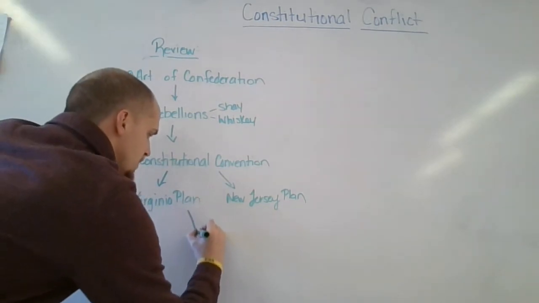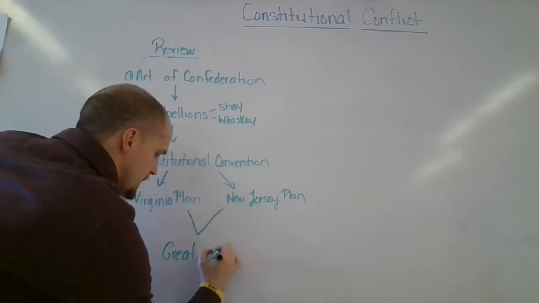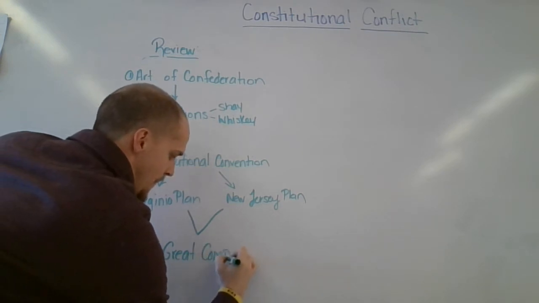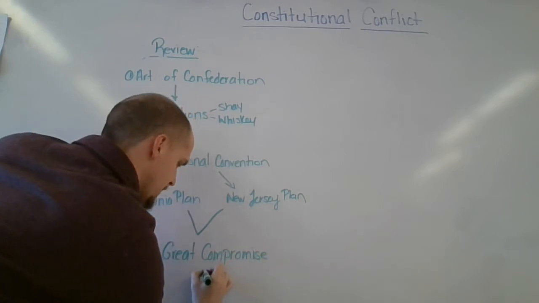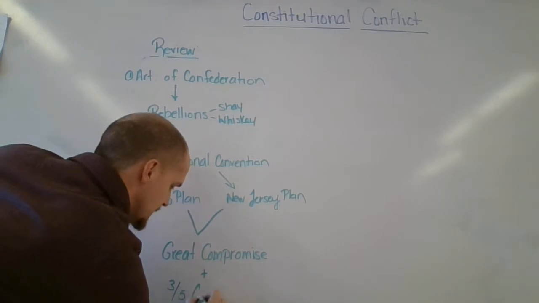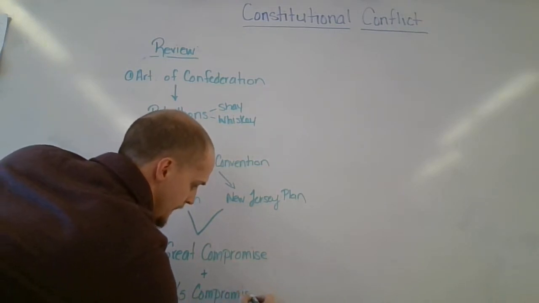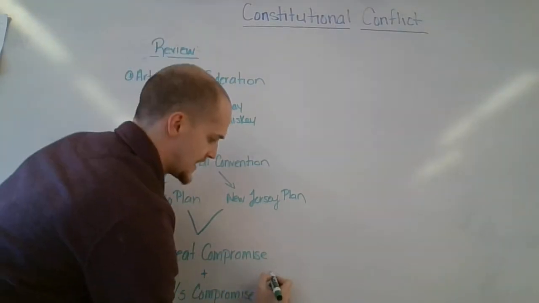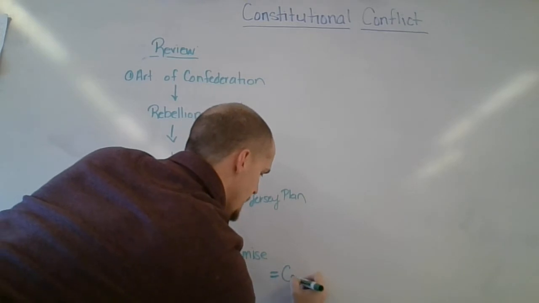So that led to the Great Compromise, plus the 3/5 Compromise. Now, does that equal Constitution?